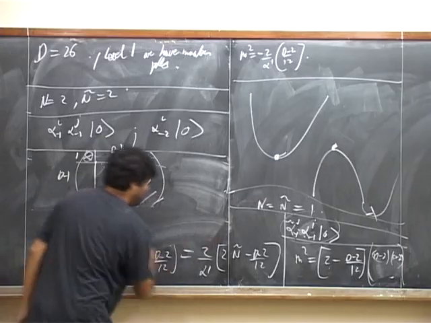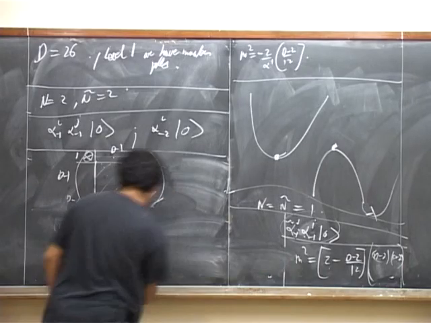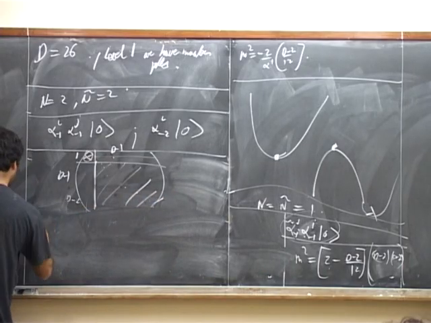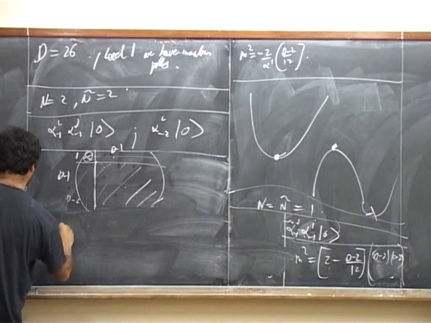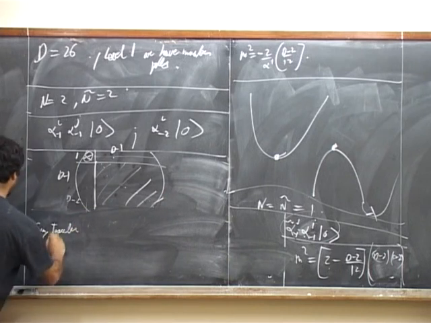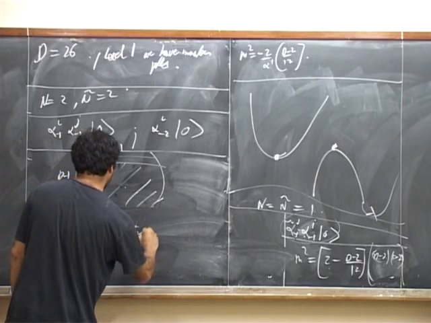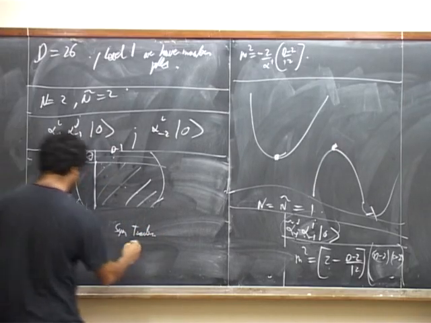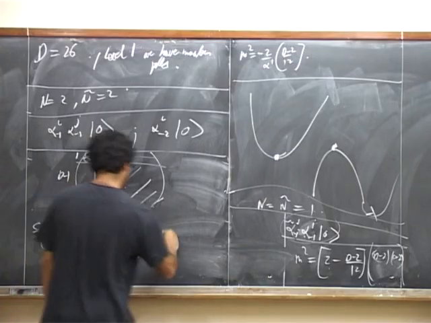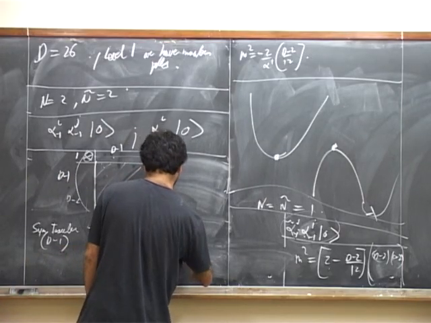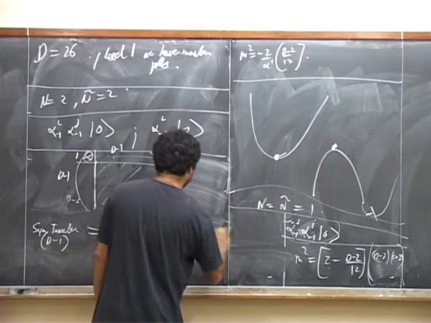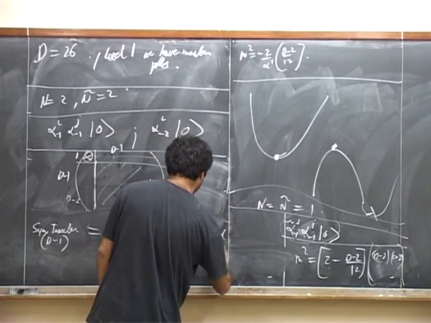Okay? So what we concluded is that the symmetric traceless of d minus 1 decomposes into symmetric traceless of d minus 2 plus vector of d minus 2 plus scalar of d minus 2.